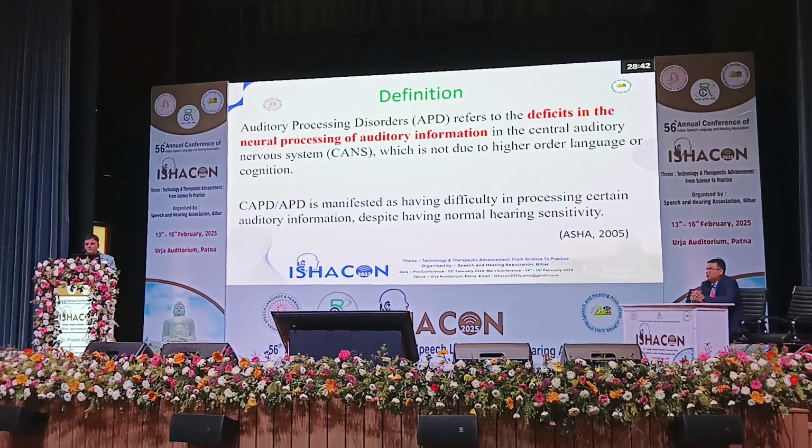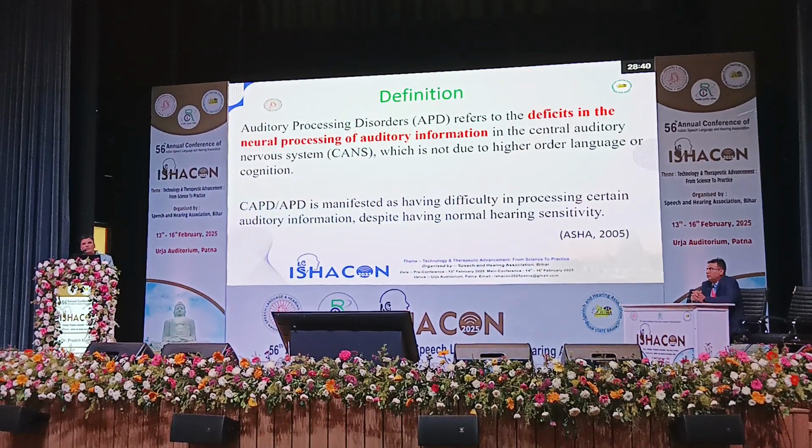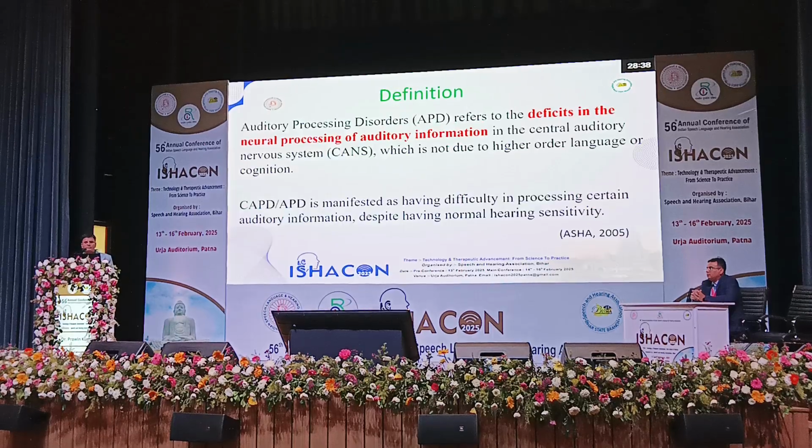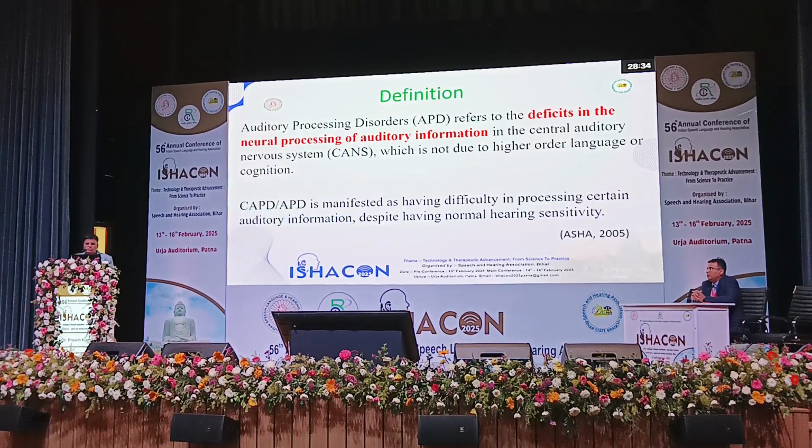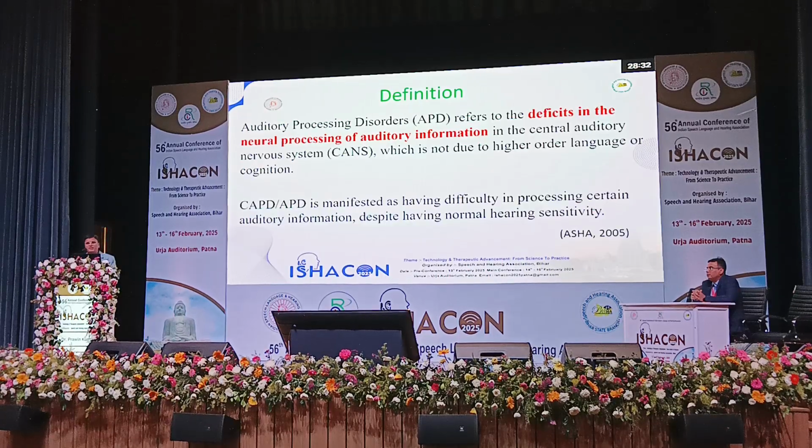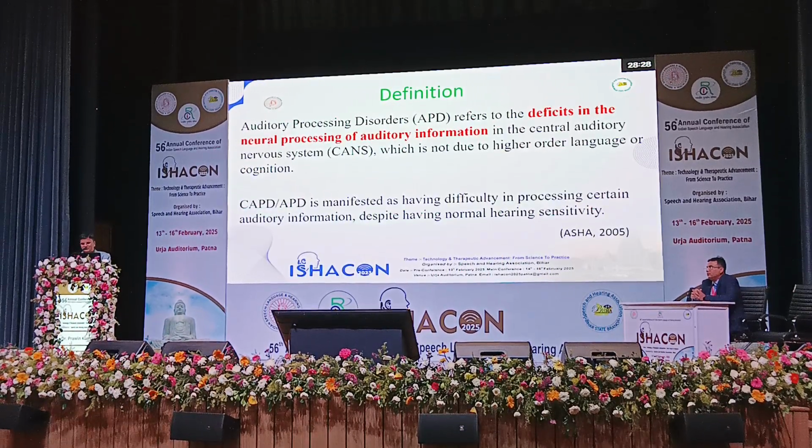So remember, when you use the term APD, you may have it with and without hearing loss. I'm talking about older individuals, but when we are talking about CAPD, it's considered that the peripheral auditory system is not affected, and the functional impairment is majorly in the central areas.